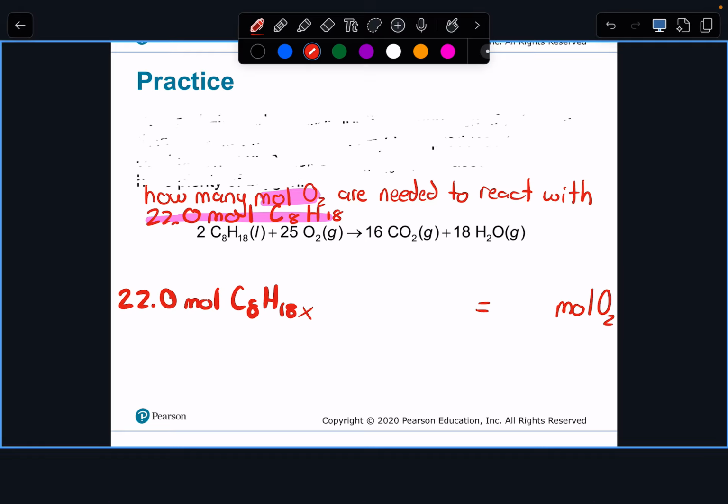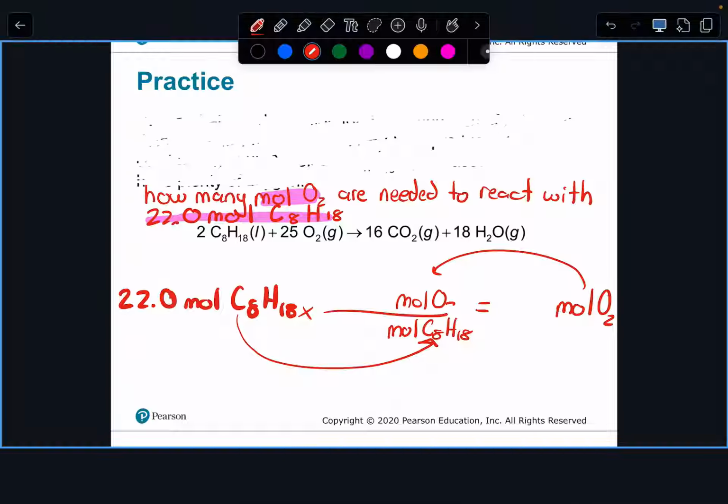And just like I've done a bunch of times already, this unit goes on the bottom so that it cancels out. This unit goes on the top so that I stay with that, so that I know that that's what I'm going to have. And then I ask myself, do I know a conversion factor that gets me from moles of C8H18 to moles of O2?